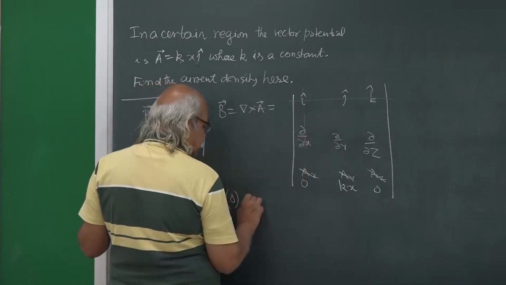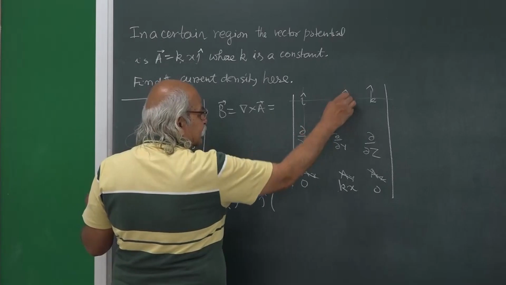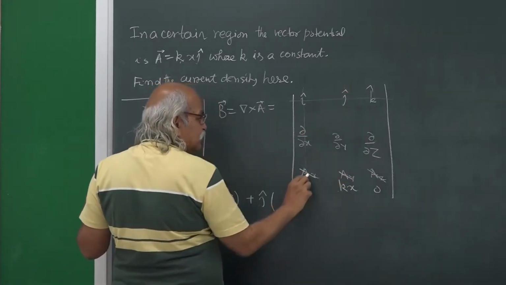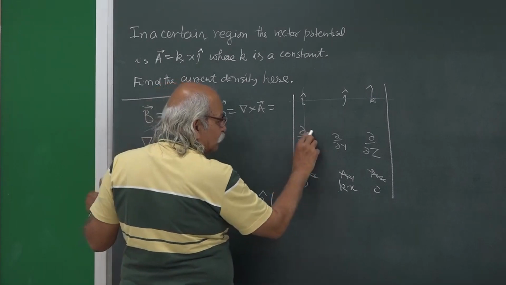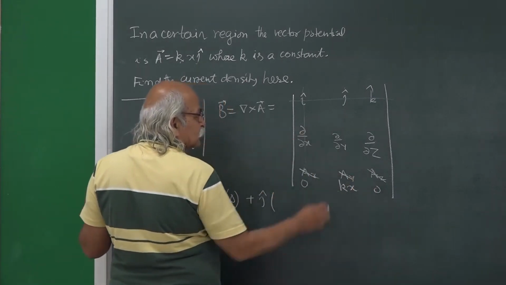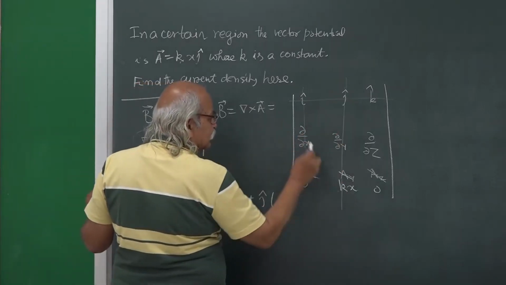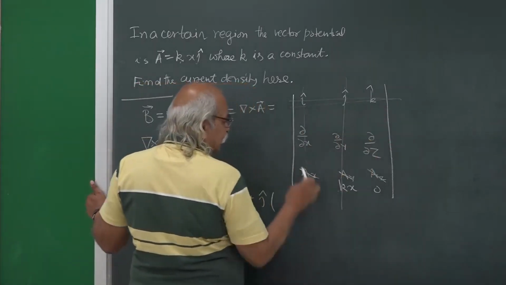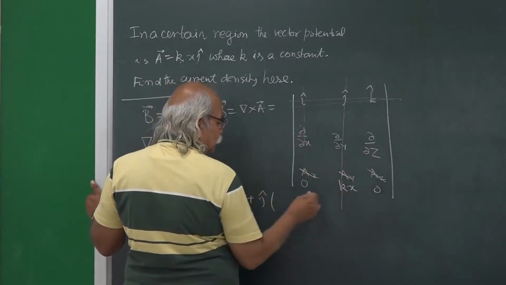Then j cap, del z of 0 and minus del x of 0. So, if I am writing j cap here, we mentally omit this row and column, and then these 4 are left, and both have 0.